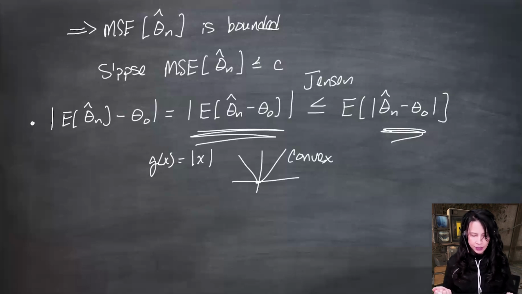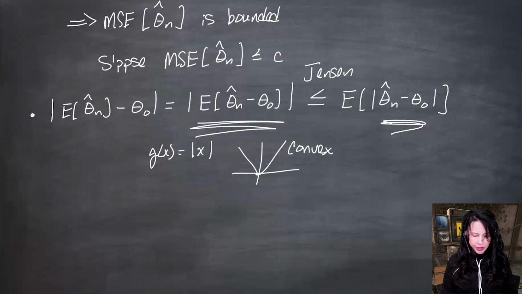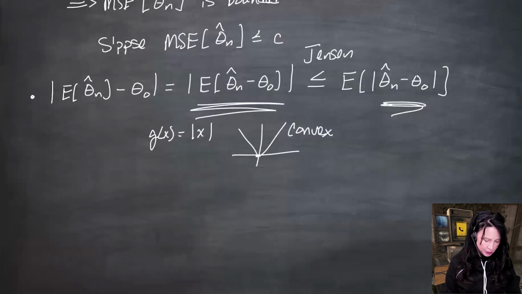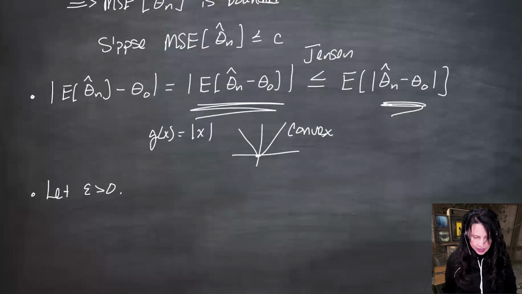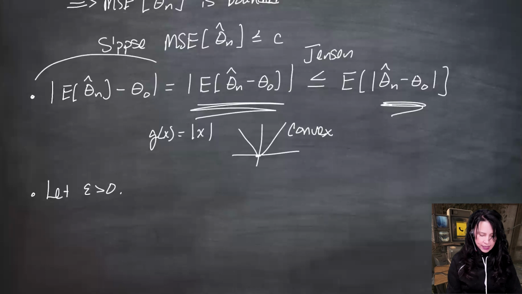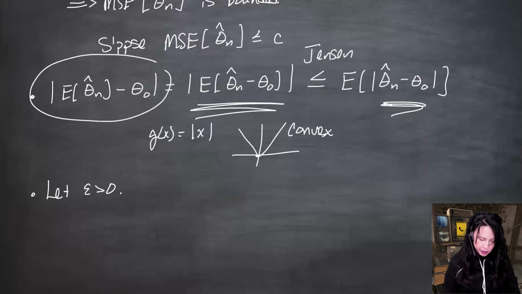Okay, so we want to show some convergence, right? I'm going to need an epsilon. I'm going to let epsilon be greater than 0, or take any epsilon greater than 0. And I want to look at this. So let me rewrite this.